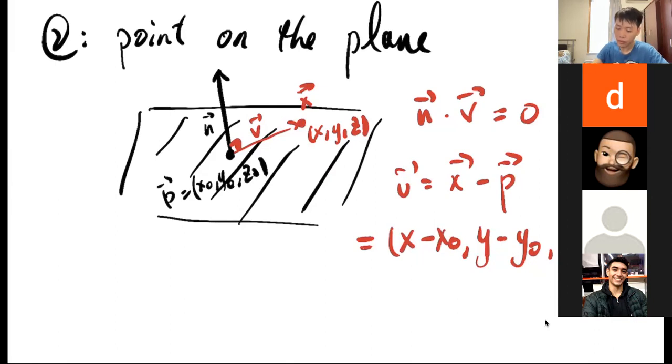z0. Okay, and another piece of information we know is this part. So we know that the inner product has to be equal to 0.